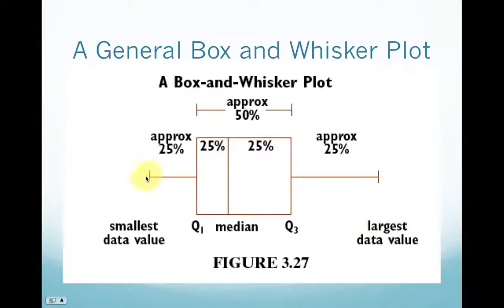In between, we have the left edge of the box representing Q1, the right edge of the box representing Q3, and at some point in the center we have a line down the middle for the median. Now, it may not be exactly down the middle. Let's suppose Q1 is the data value 20 and Q3 is the data value 30.